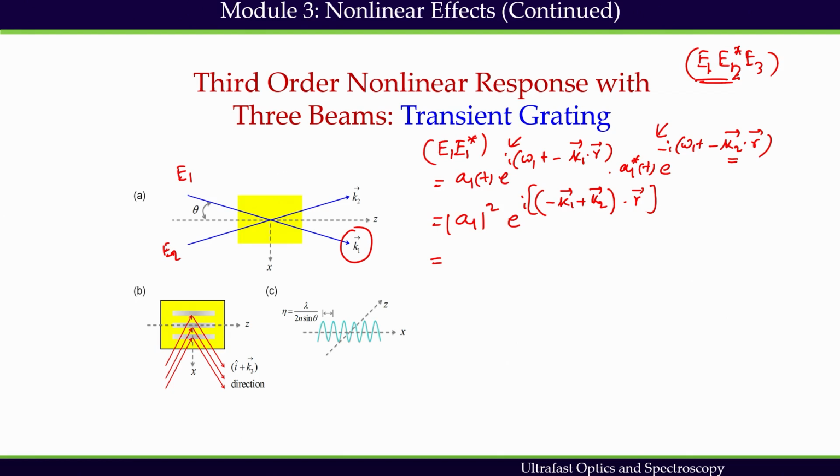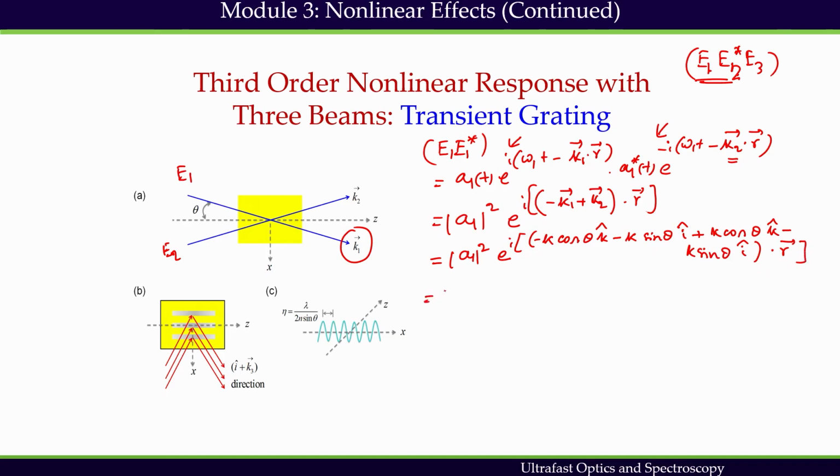That decomposed expression, if we write it down here, is going to be A1 squared e to the power i, and now I can write this as minus k, that is the magnitude, cos theta, then k-hat, the unit vector along the z direction, minus k sine theta i-hat, the unit vector along the x axis, plus k cos theta k-hat, the unit vector along the z axis, minus k sine theta i-hat, dot r. This is what we get.